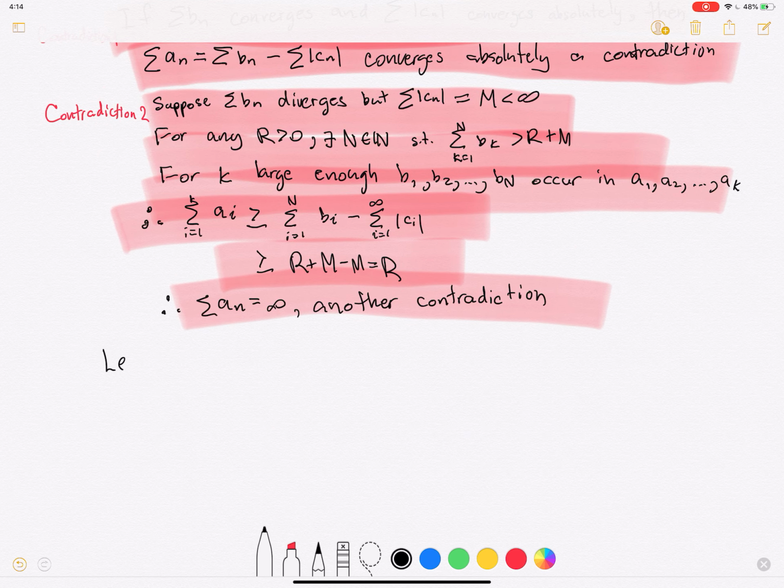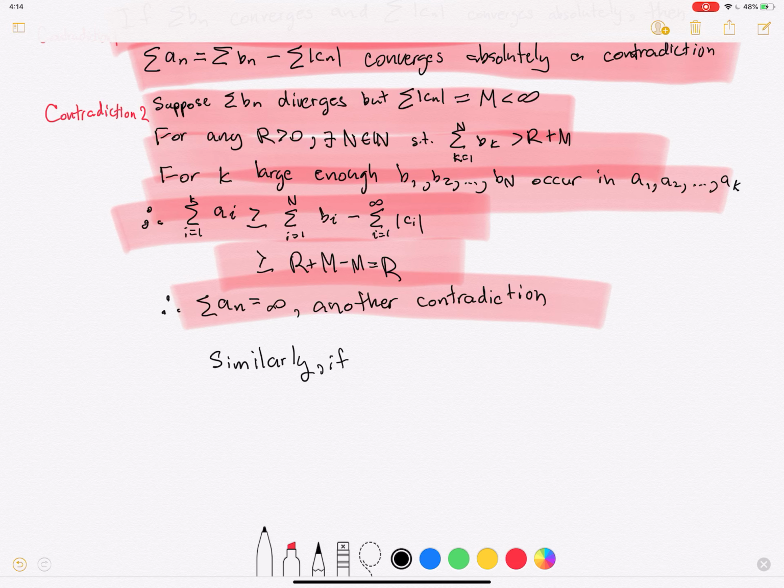Now, there's another contradiction coming up. We need to eliminate another case where the B's converge, but the absolute values of the C_n's don't converge.